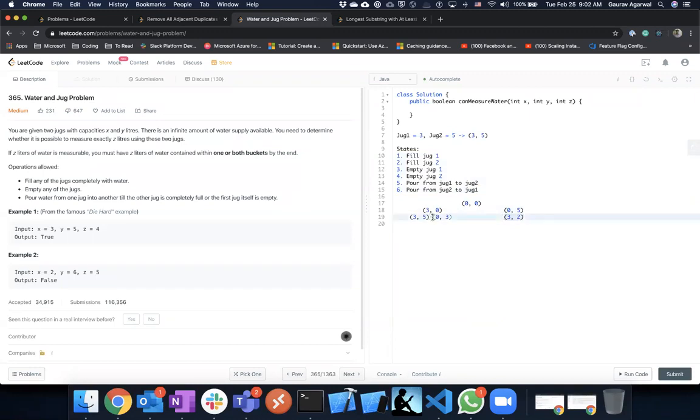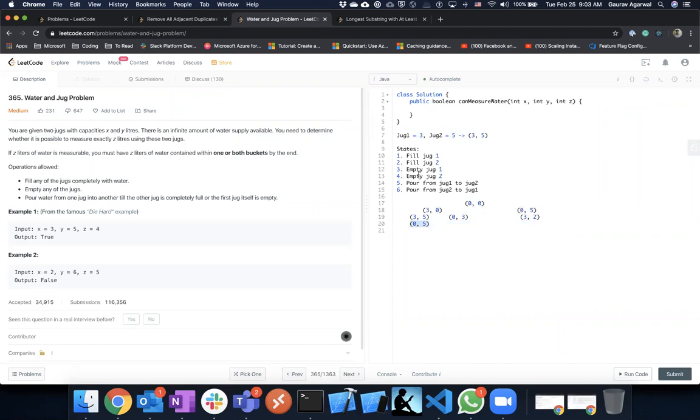Now let's repeat and take 3 5 as a state. What are the possible states from 3 5? Fill jug 1, it's the same, we will discard it. Fill jug 2, it should be the same, we will discard it. Empty jug 1 gives 0 5, which we already have in the system.